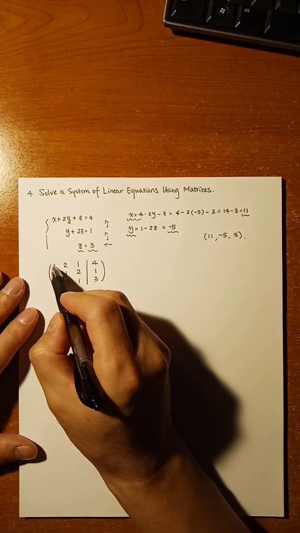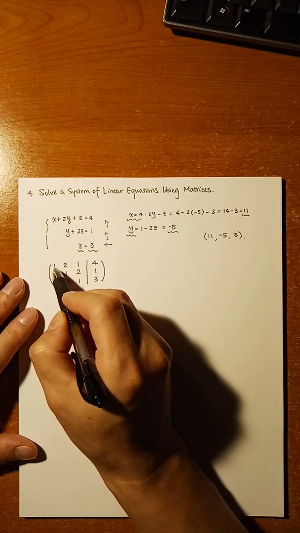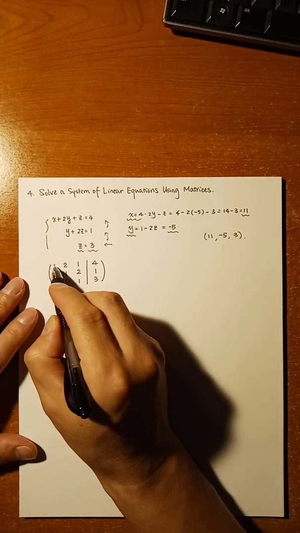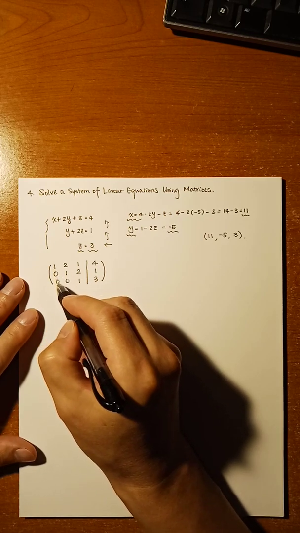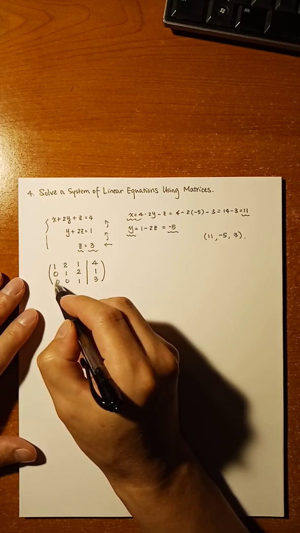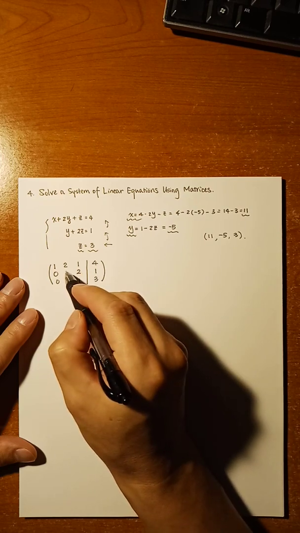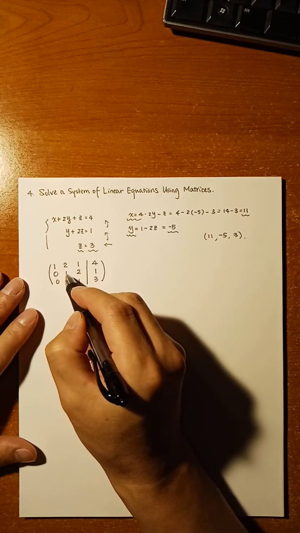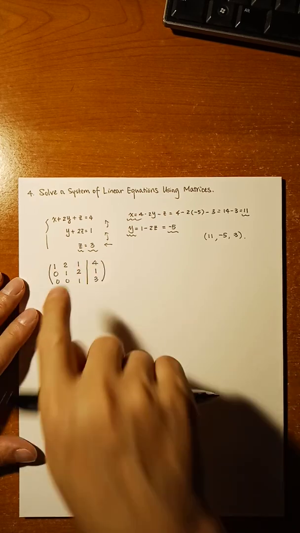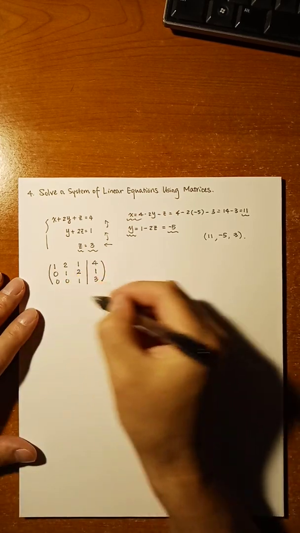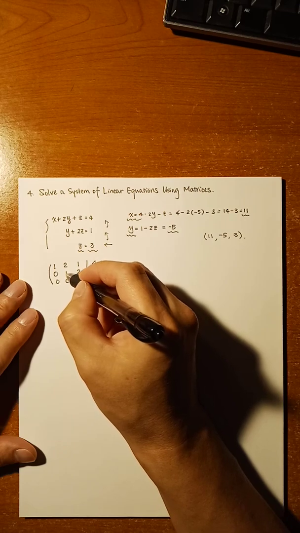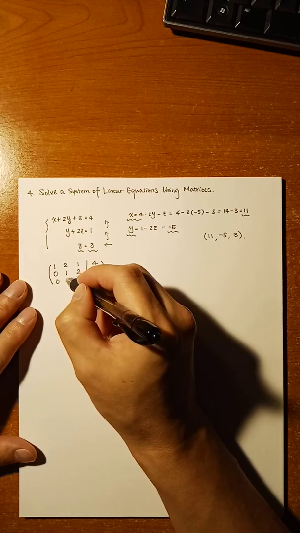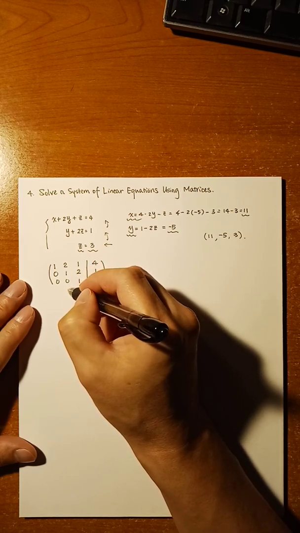The first row starts from 1. The first row, first entry is 1. Below it is always 0. And in the other rows, the first non-zero entry is 1. For the second and third row, or if you have more rows, the first non-zero entry is always 1, and below that 1 is always 0.